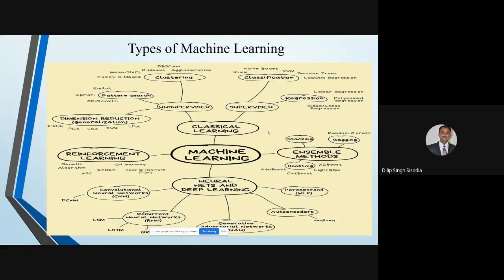So if a model is prepared using such a huge number of features, you can imagine the complexity of the model. It is also established experimentally that all features are not equally useful all the time.